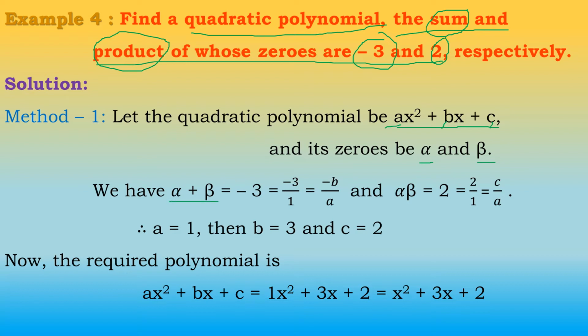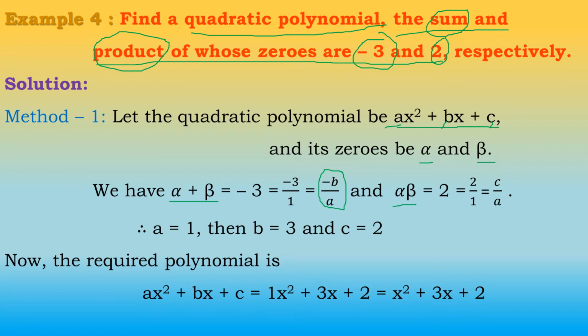As we know, the sum of the zeros is alpha plus beta. What is the given alpha plus beta value? Minus 3. So minus 3 I can write as minus 3 by 1. As we know, the sum of zeros formula is minus b by a. So here minus 3 by 1 is equal to minus b by a. And we know the product of zeros, alpha into beta.